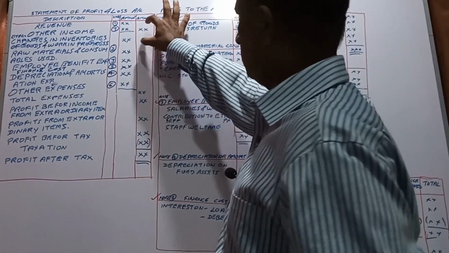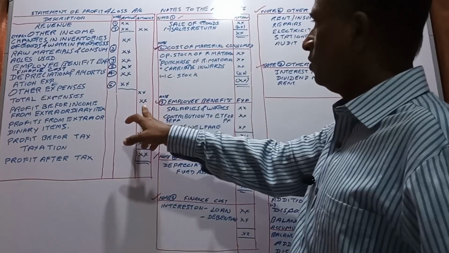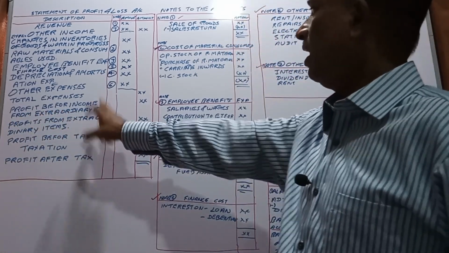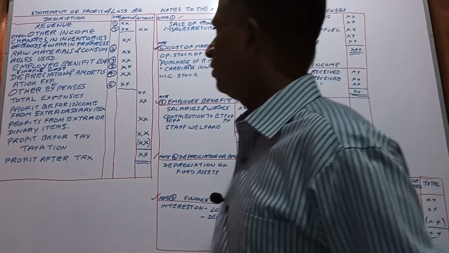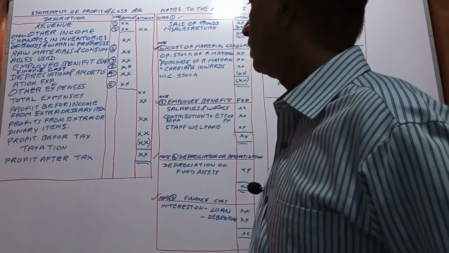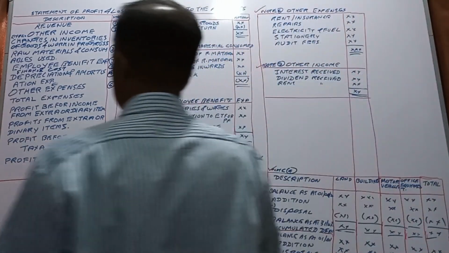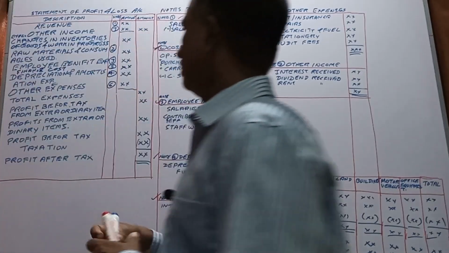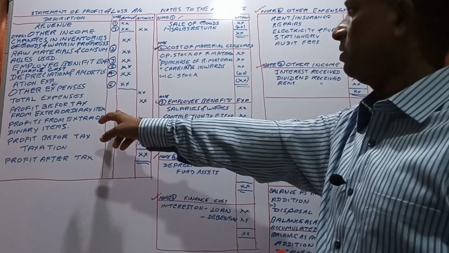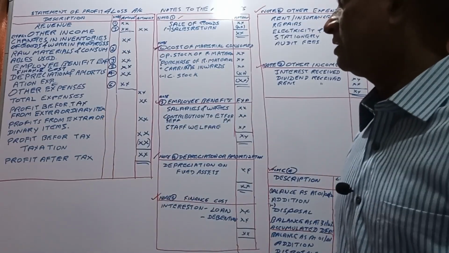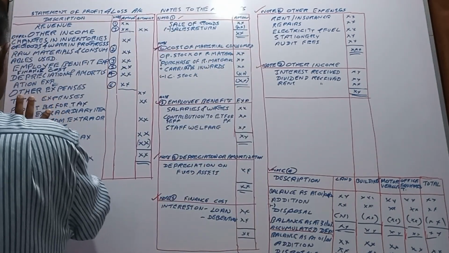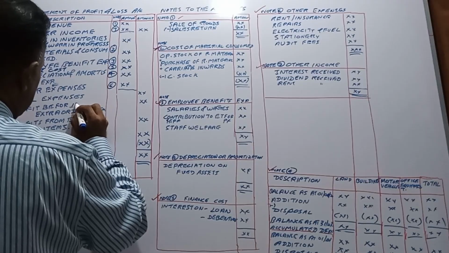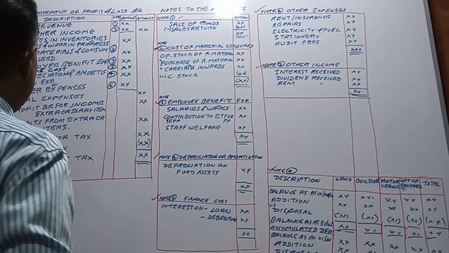If we deduct these total expenses from the revenue, we will get the profit before income from extraordinary items, before tax.